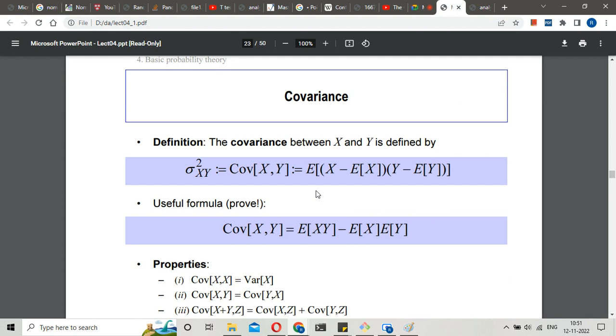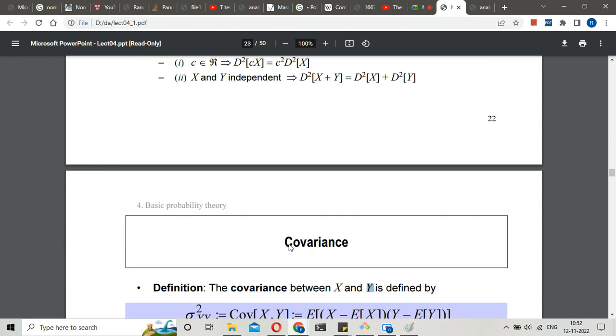Similarly, we have covariance also. It depends on two variables. We are calculating on two random variables, and the same kind of formula is there: E of XY minus E of X and E of Y. This value actually says how they are related or how they vary together if we have two events.